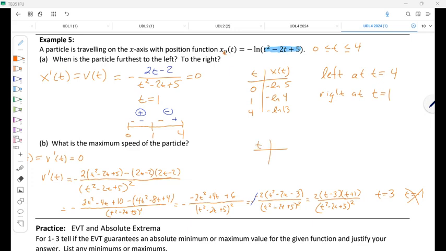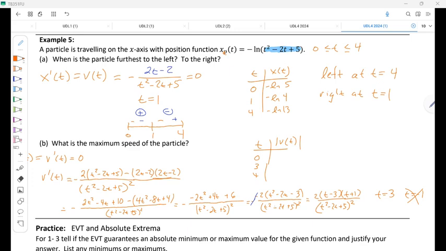All right, so I will make my table. In my left-hand column, I have t. This time I have 0, 3, and 4. And what do I have in my y column? Yeah, the absolute value of v of t. Yep. All righty, so we're going back to v of t.